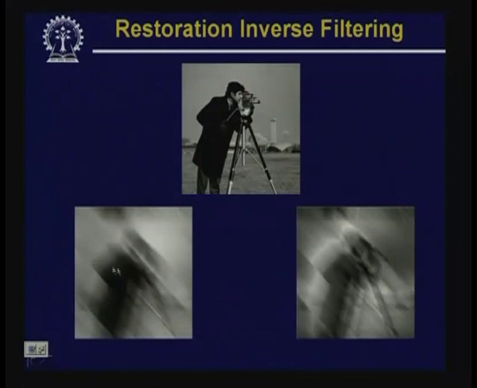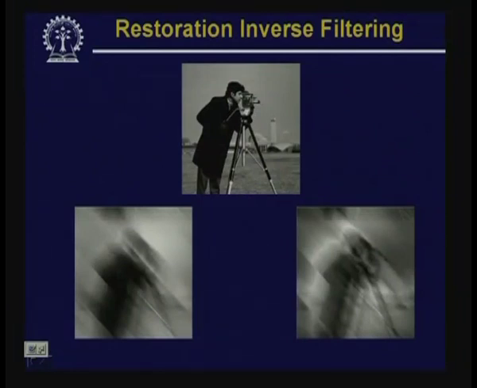On the topmost one, this is the original image. On the left, we have shown the degraded image, and the rightmost one on the bottom is the restored image obtained using direct inverse filtering, and the blurring considered in this particular case is motion blur.